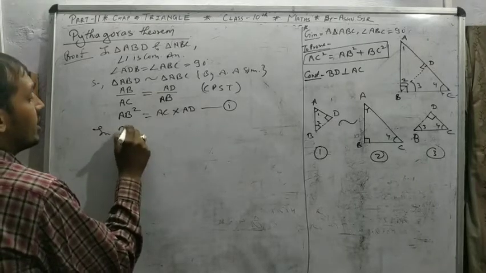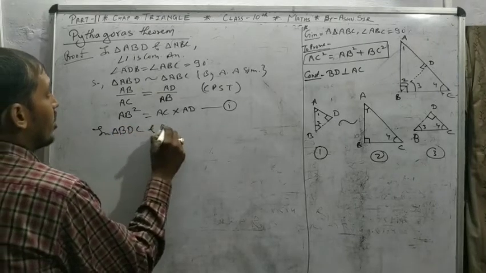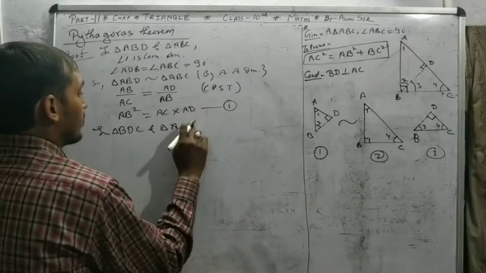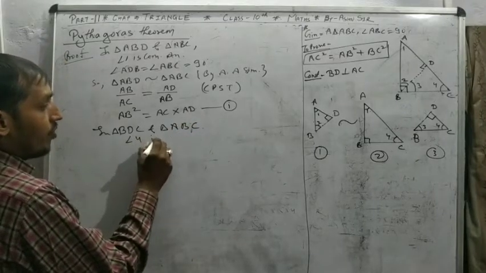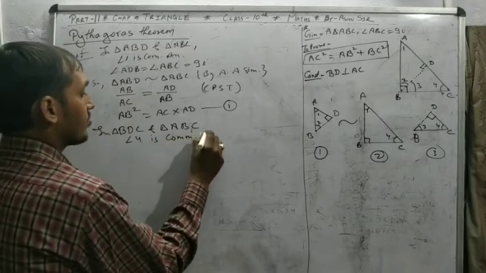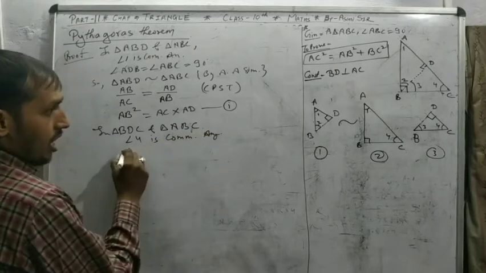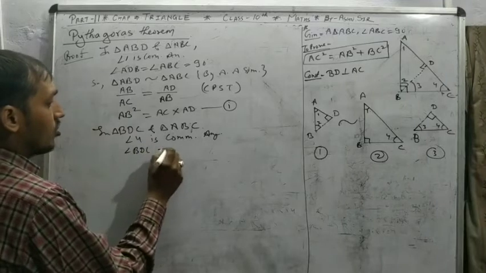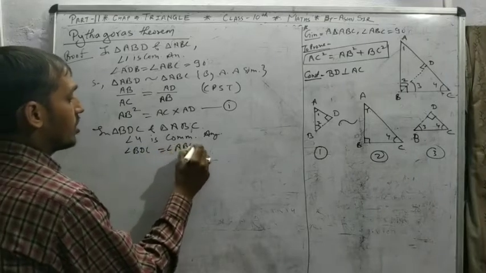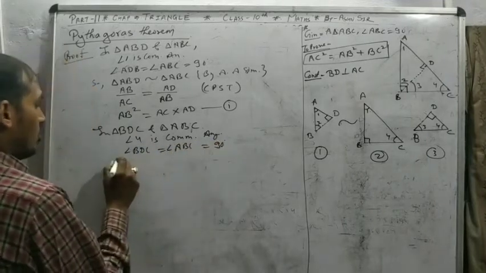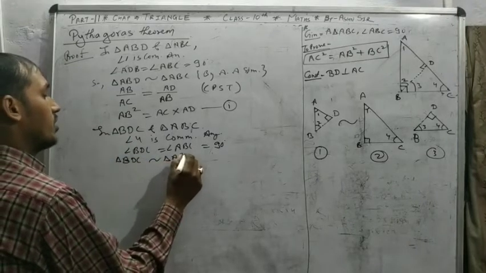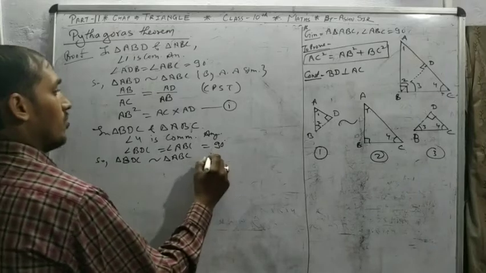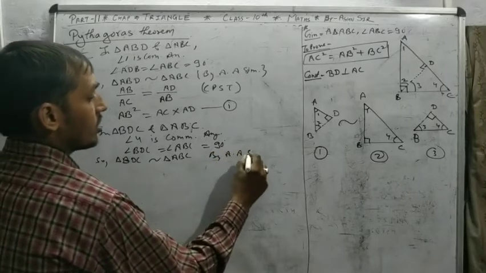Triangle BDC and triangle ABC. Same, proving similar. Angle 4 is the common angle. And angle BDC is equal to angle ABC, each 90. So triangle BDC is similar to triangle ABC by angle similarity.